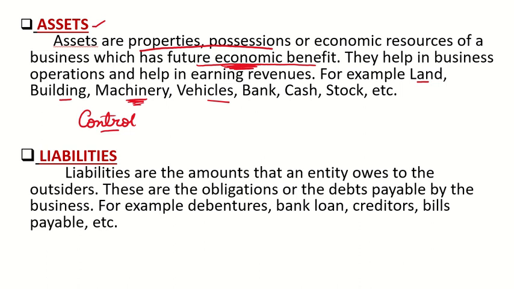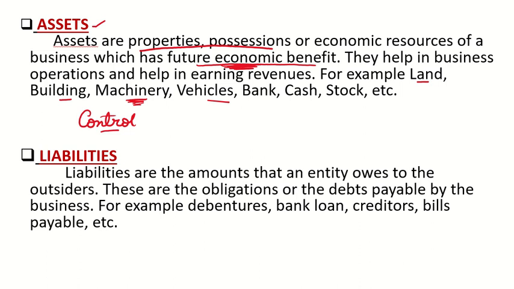So this machinery is known as what? The asset to the company. In the same way, building, vehicles, land, everything will stay with the company for a longer period of time. And for that many years, it will generate revenue to the company, and that benefit it receives. So it is known as assets to the company. Fine. So these are the assets.